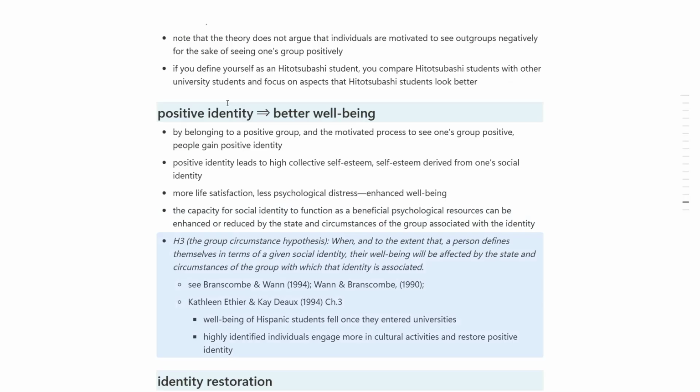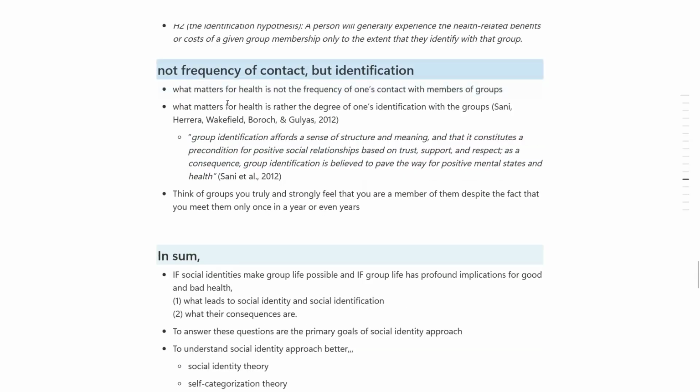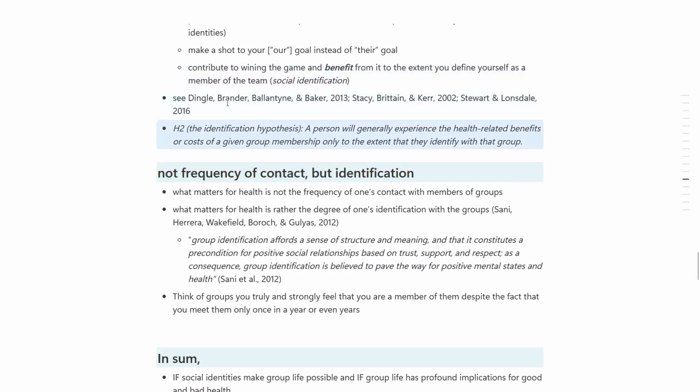So there are some aspects in this hypothesis. First, the impact of the state or circumstances of the group is moderated by the extent that you define yourself as a member of the group. I think this was explained in hypothesis two.